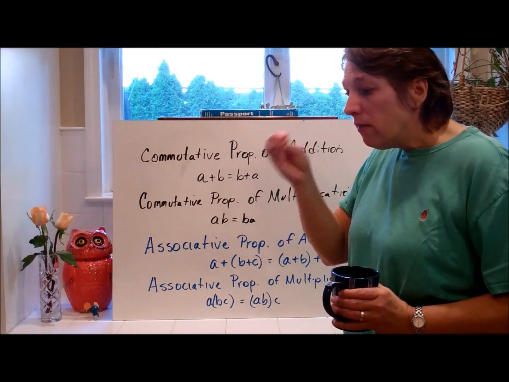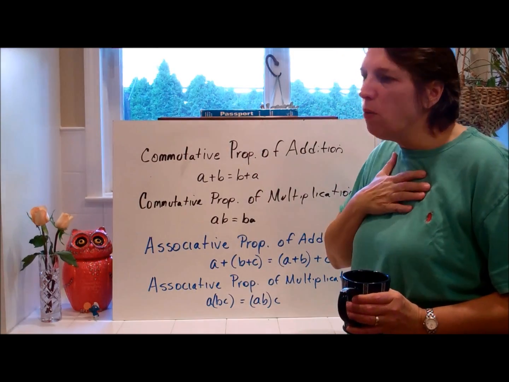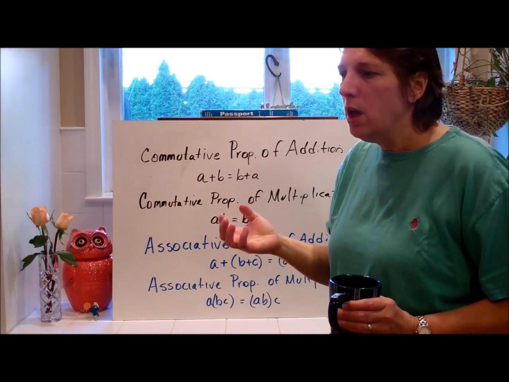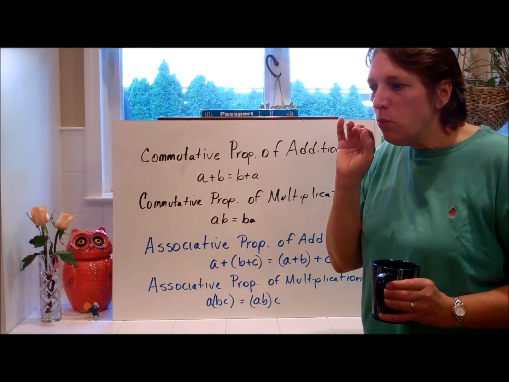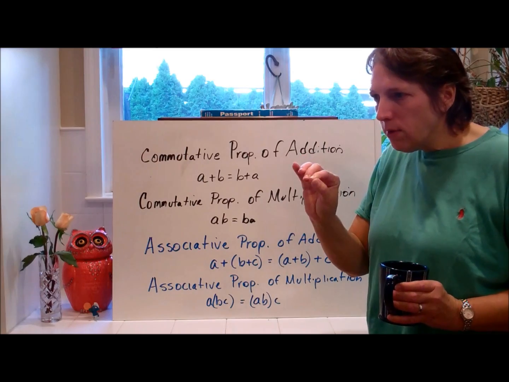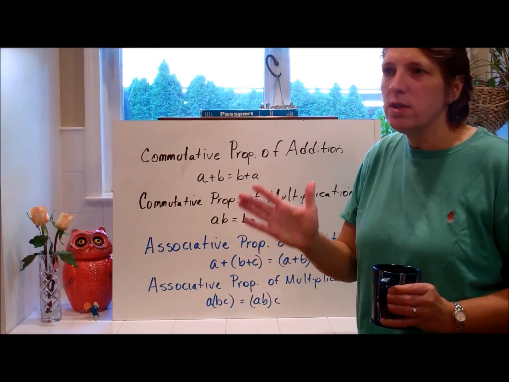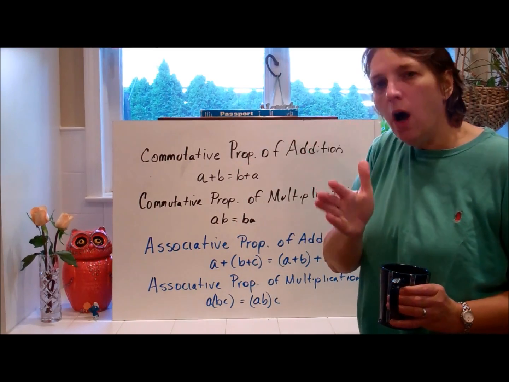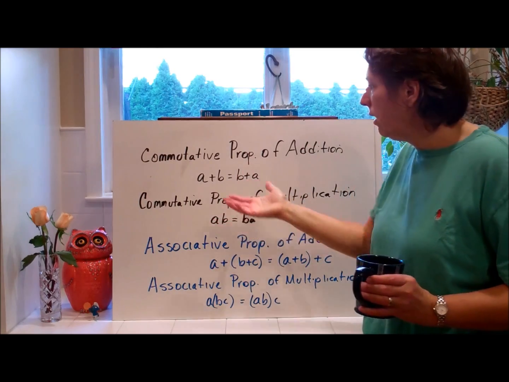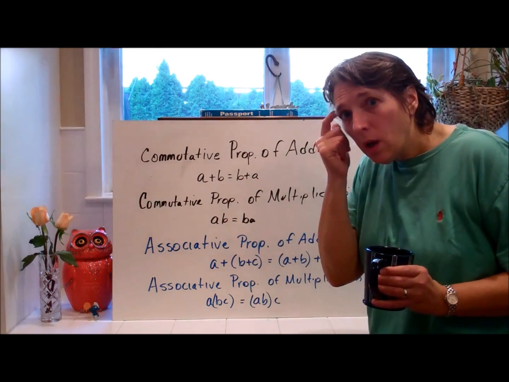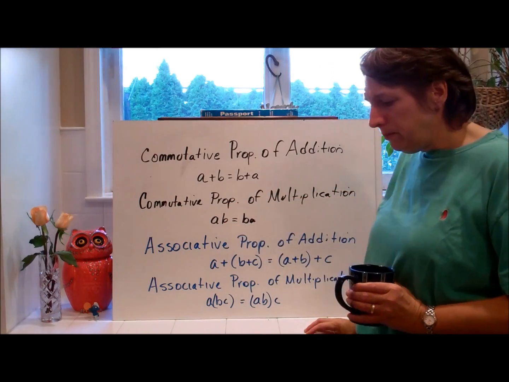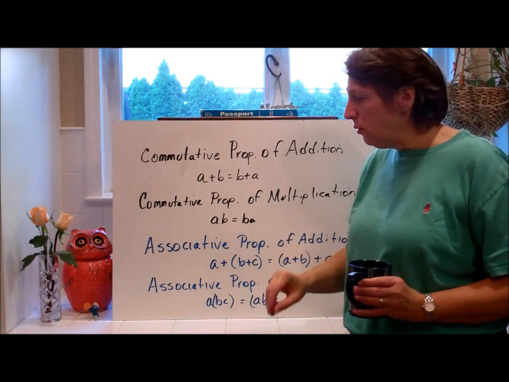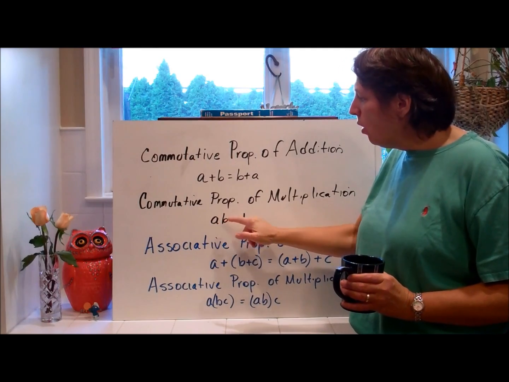If you think like 15 plus 100, now we might say, oh, it's 115. But if you were younger, it would have been easier for you to put the 100 first and say, 100 plus 15 is 115. You're using the commutative property of addition there. The commutative property of multiplication is also about two terms when you're multiplying.